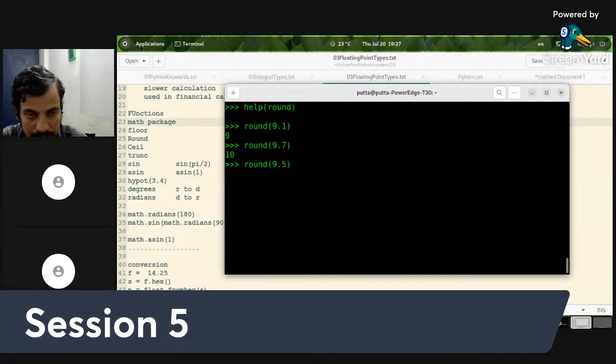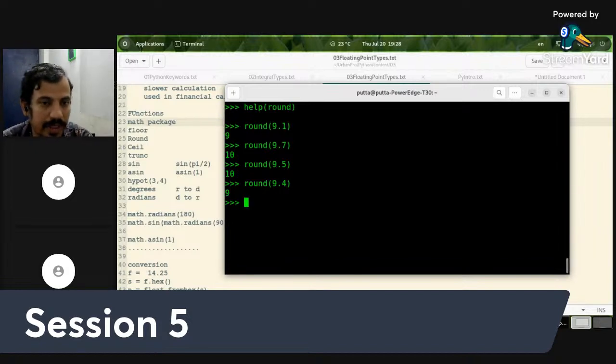Tanmay? 10, sir. Then what about 9.4? 9. Okay, so from .1 to .4, it performs a round down operation. From .5 to .9, it performs a round up operation, or a regular approximation.